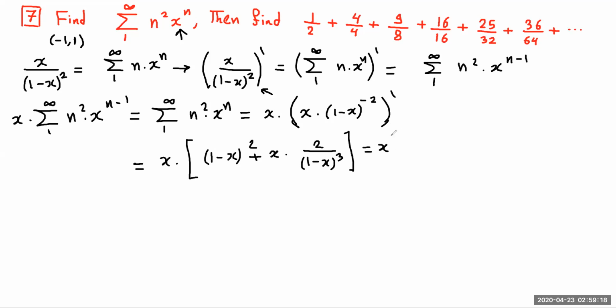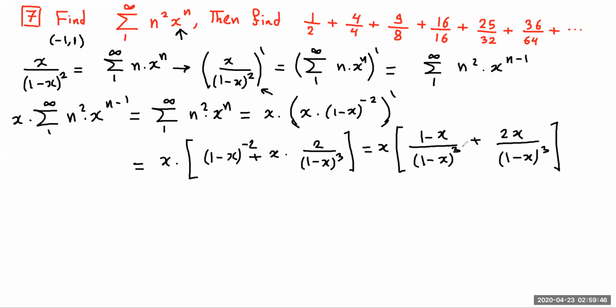So we have x times 1 over (1 minus x) power 2, but I will write power 3 and up: (1 minus x) plus 2x over (1 minus x) power 3.